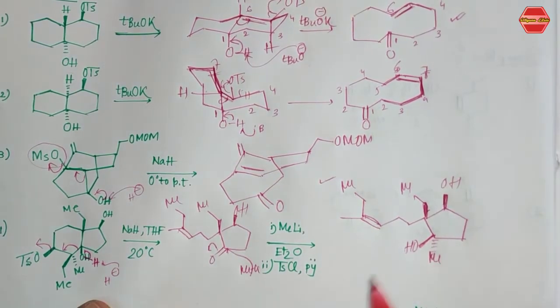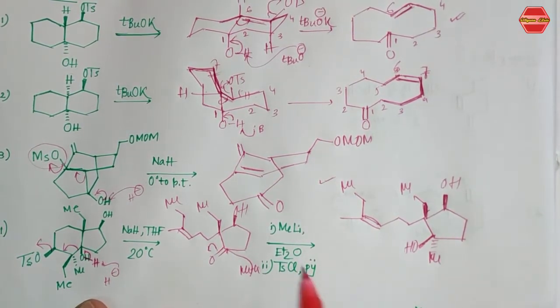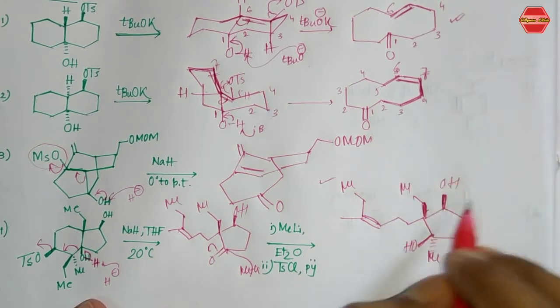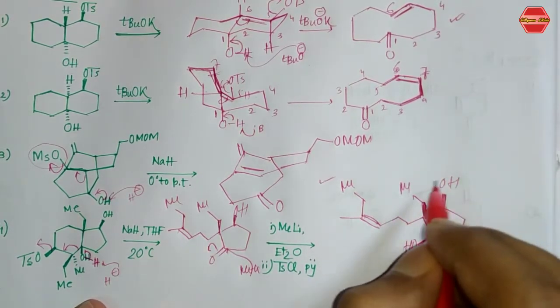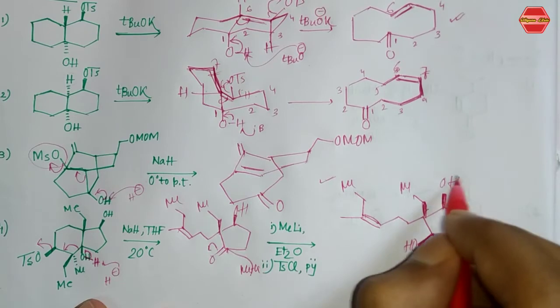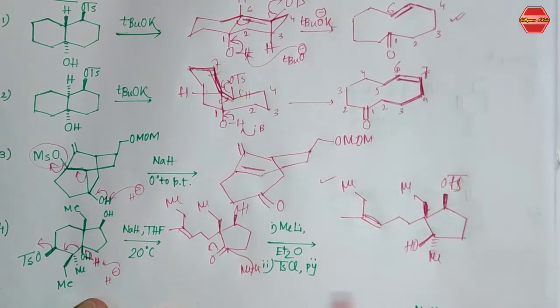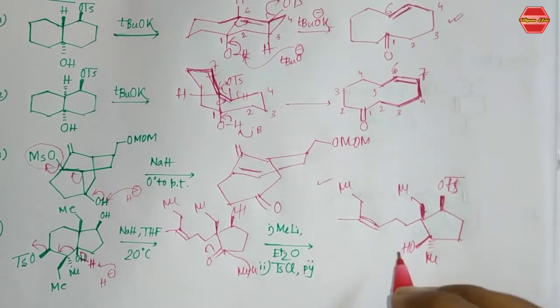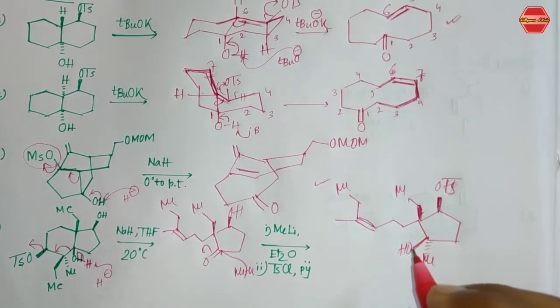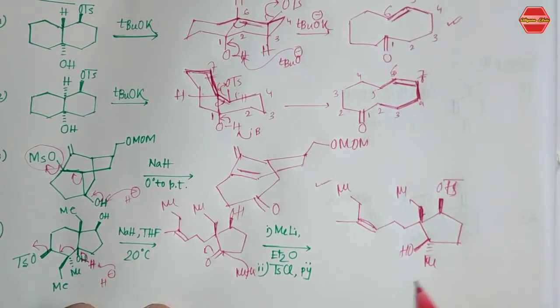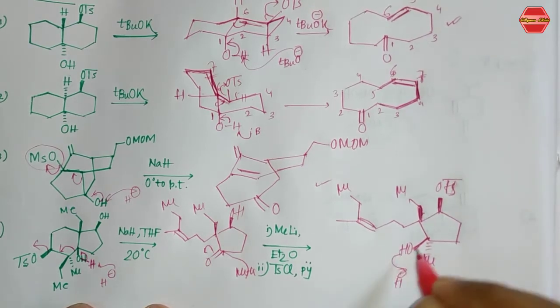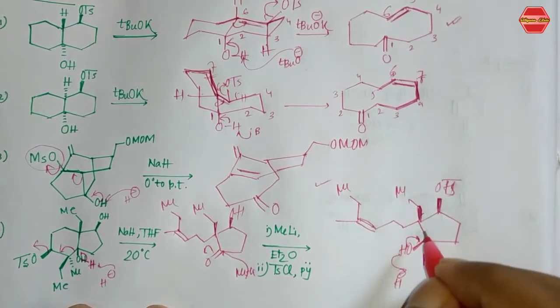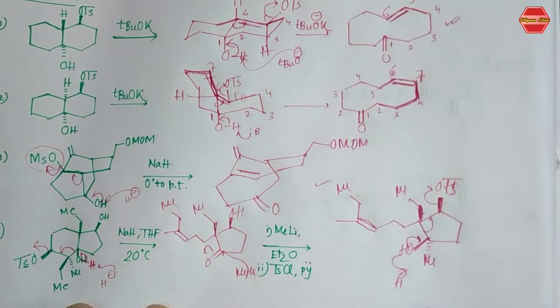Now the second point is that when you are using tosyl chloride, now we have this OH, pyridine directly takes a proton from here and we are getting this OTs group. And the third point is that when we are using sodium hydride, this is the case where the second time Grob's fragmentation takes place, that is this H minus takes a proton, it will go over here and this goes over here and it will leave from the system.